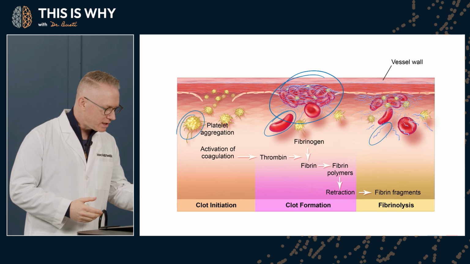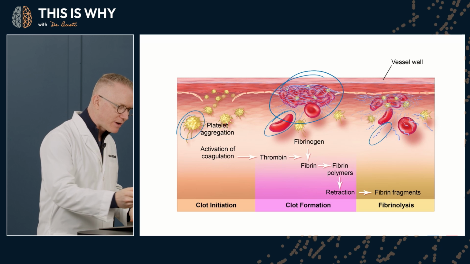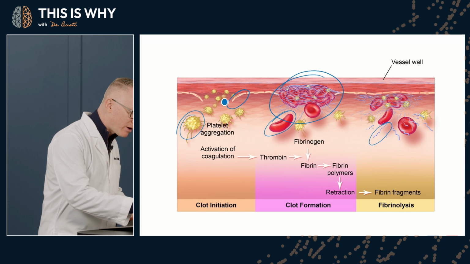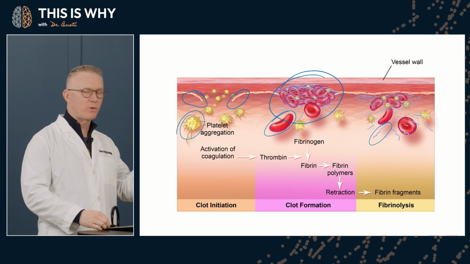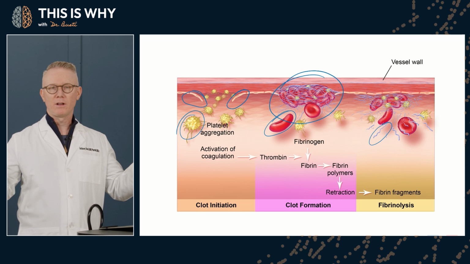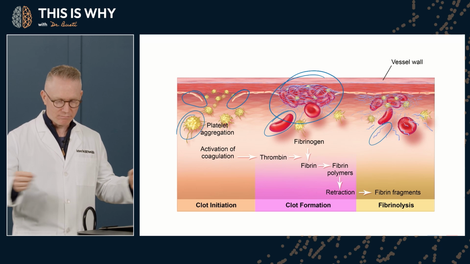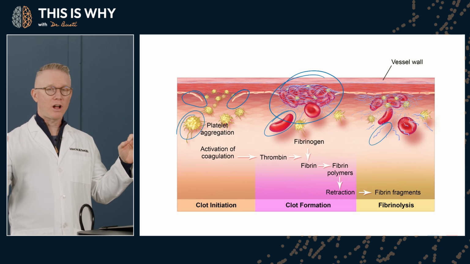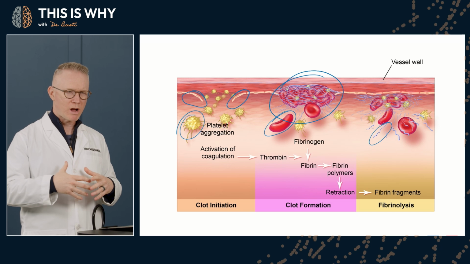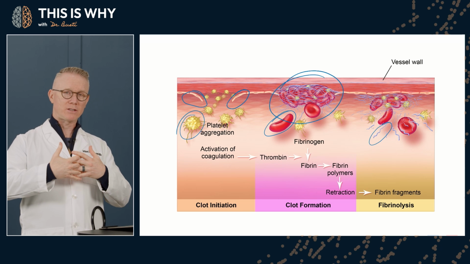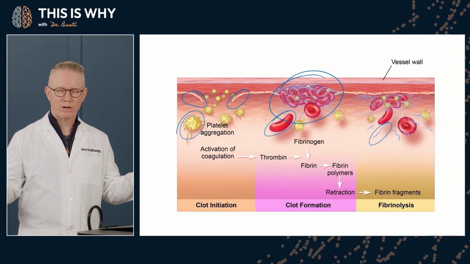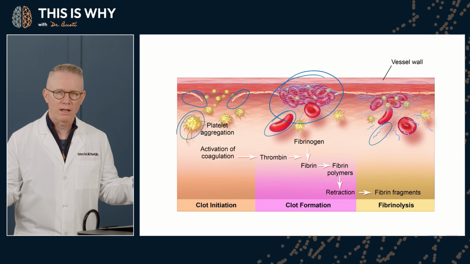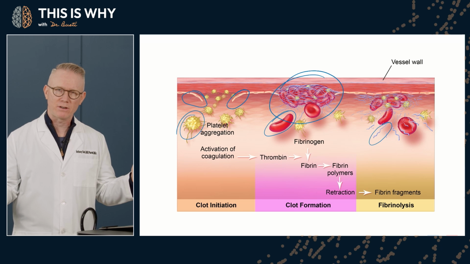Now, when you see this diagram, you see that the blood vessel wall here is damaged for some reason. It could be for trauma, injuries, like a cut. It could also be from atherosclerotic plaque in that vessel that endothelial lining has ruptured and exposing the underlying inflammatory stuff that's underneath.